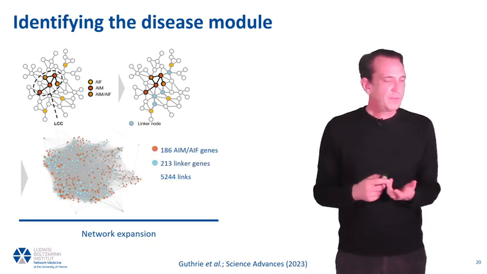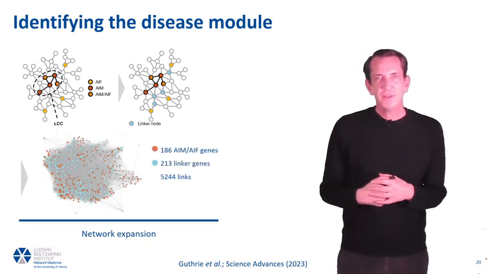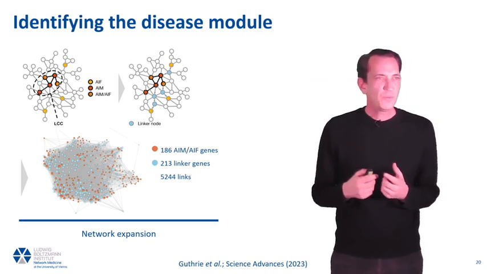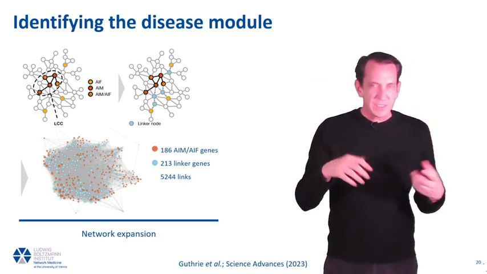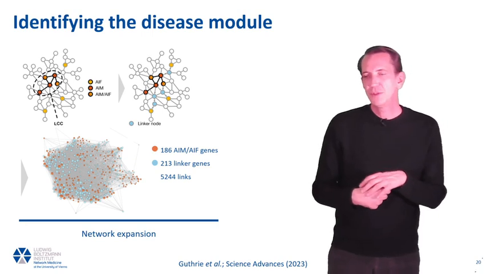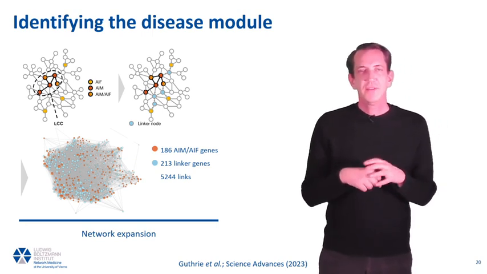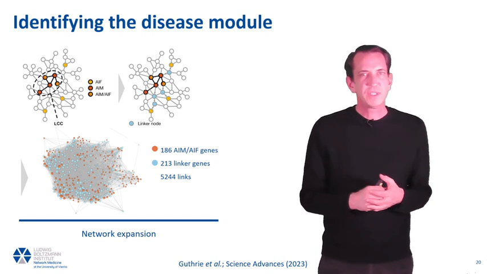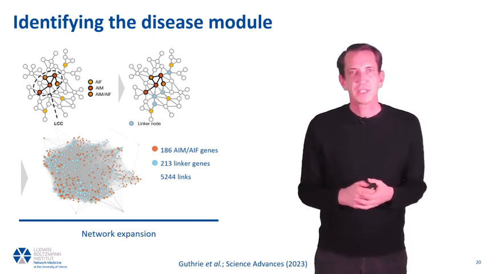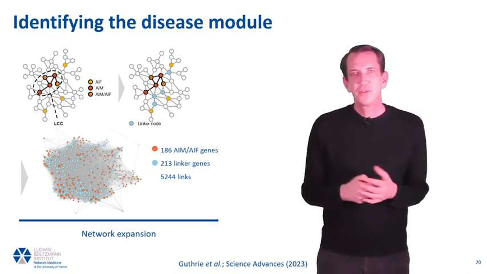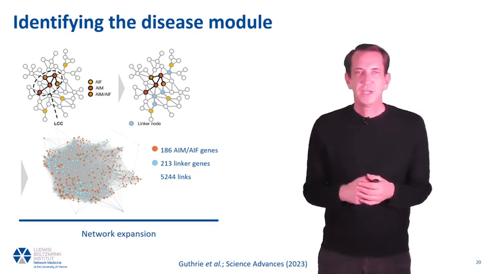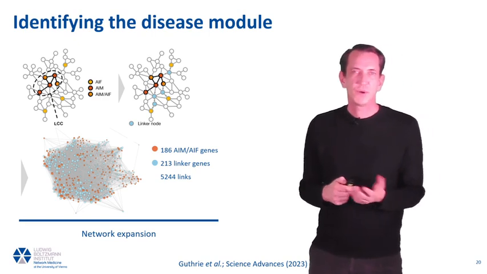One can use a variety of network expansion methods. Essentially, there are different ways to extract additional genes in the human interactome that then connect the existing pool of disease genes to one large single connected component. And in this case, about 213 such linker genes were identified.